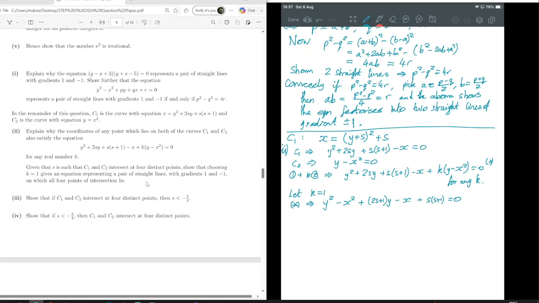Given s is such that these intersect at 4 distinct points. Well, how can I show that this has 4 distinct points? Because I'm not always, well, maybe I am always going to be able to factorize this. So, as in part I, let p be the coefficient of the y.